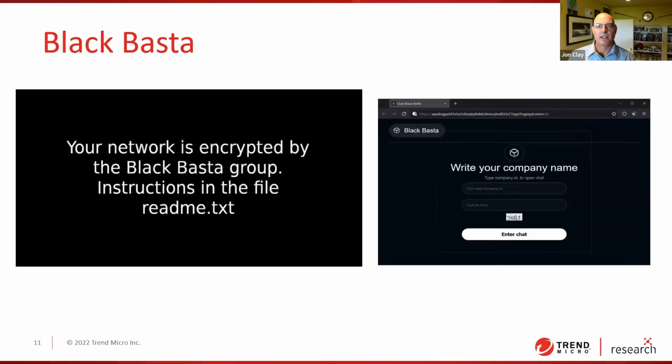Now, Black Basta is a new one that came in just in April of 2022, when a user named Black Basta posted on major underground forums that they were looking for access to corporate networks. So again, this access as a service, or even requests to access networks, is happening all the time in these underground forums.